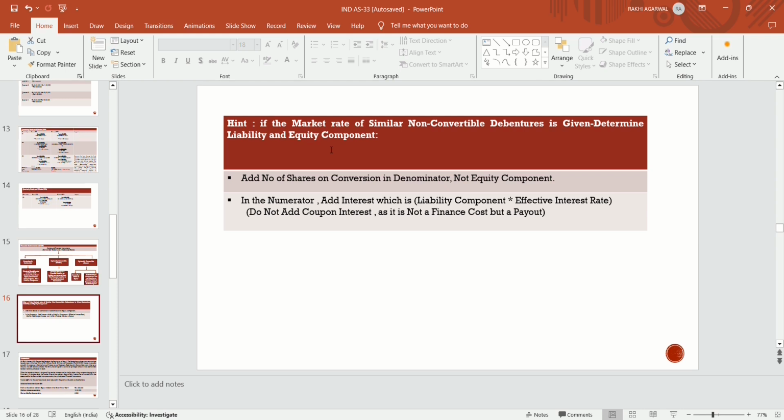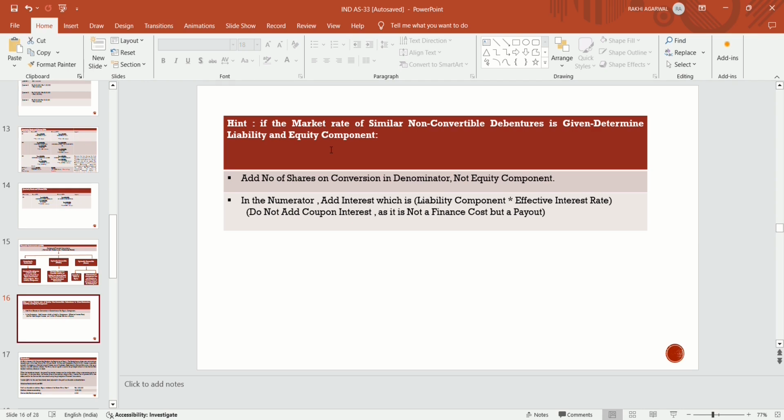And in the numerator, you have to add interest, which is the liability component multiplied by the effective interest rate. You do not need to add the coupon interest, as it is not a finance cost but a payout. But you have to add that interest, which is the liability component multiplied by the effective interest rate.